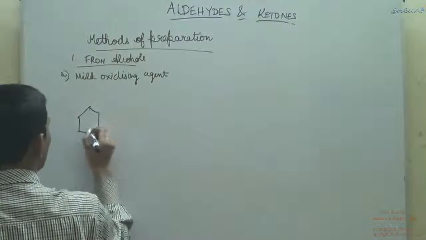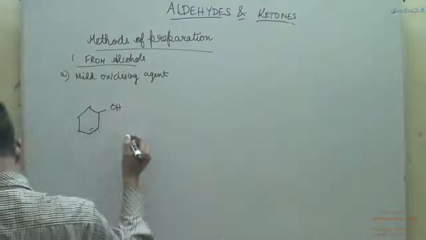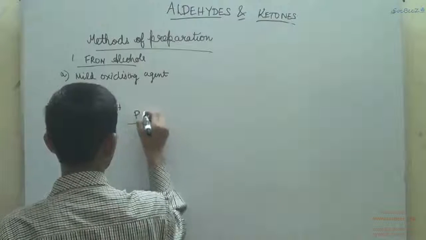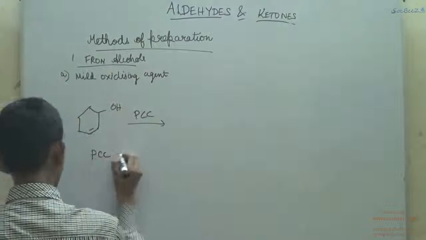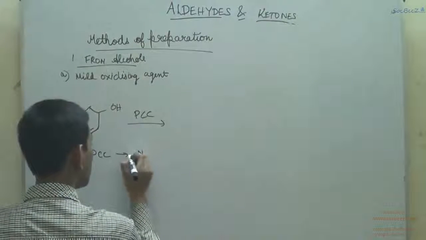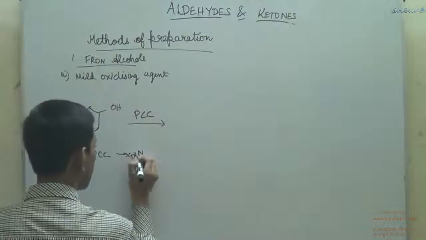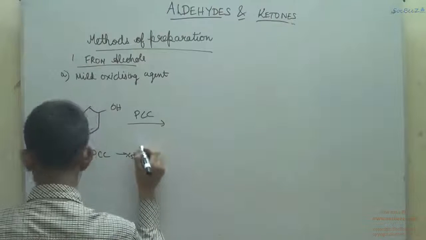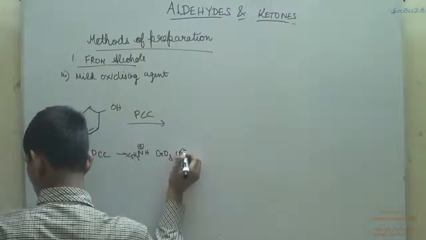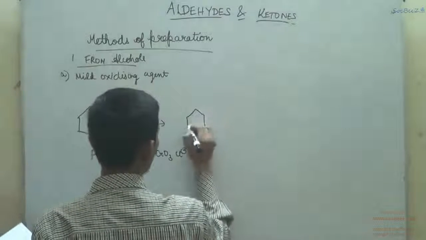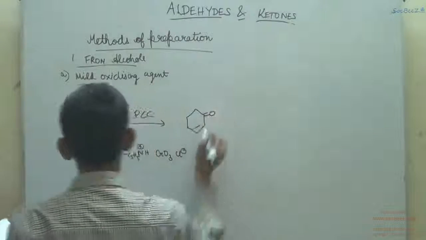You have an alcohol. Let me purposefully take this alcohol, and you treat it with PCC. PCC is pyridinium chlorochromate, which is C5H5NH+ CrO3Cl-, and then you get your aldehyde or ketone.